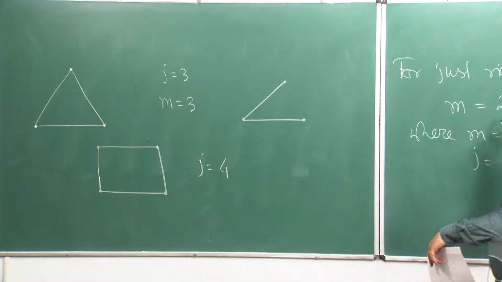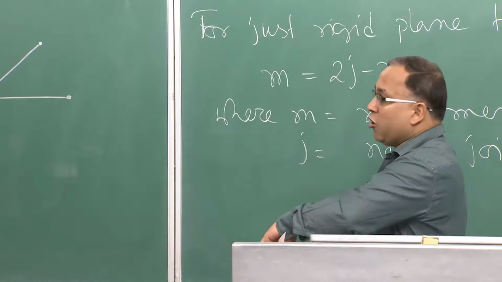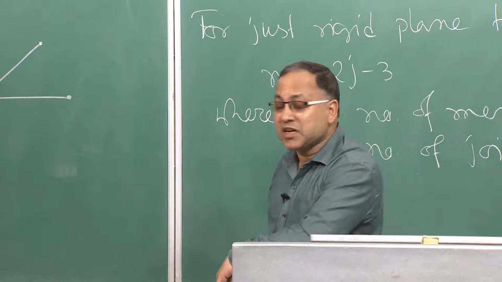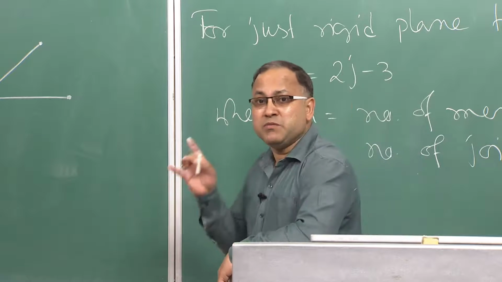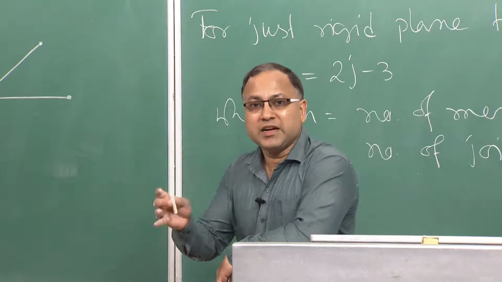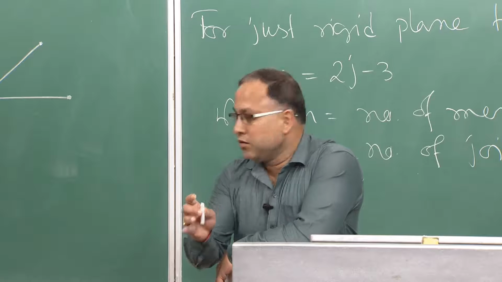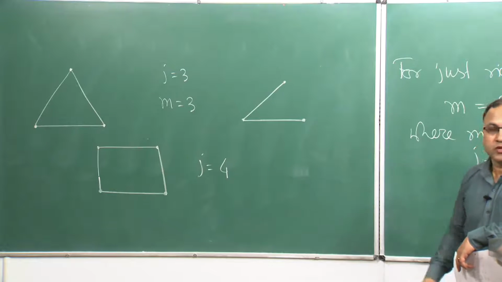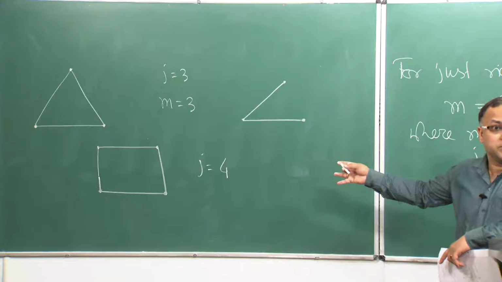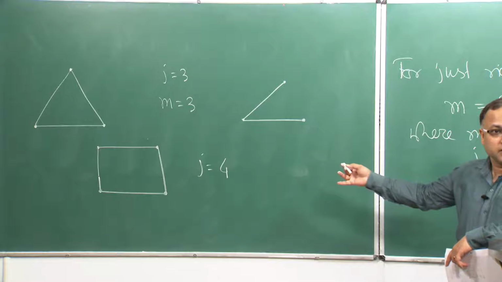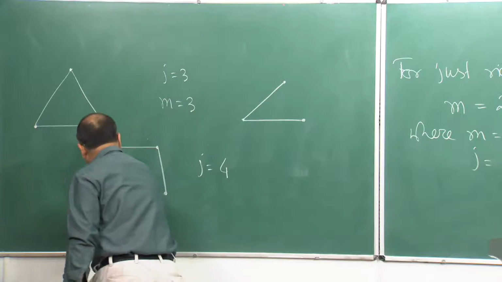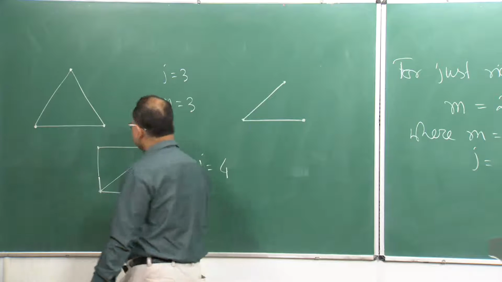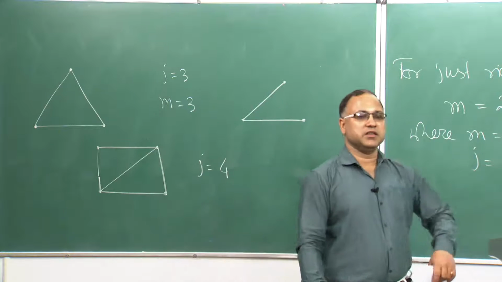So, if you put in this equation, how many members you should get to get the rigid structure? 2 into 4 is 8, minus 3 is 5. So, minimum 5 members you need to get the just rigid structure, but how many members are there? 4. Therefore, it is not the rigid structure, and already we have proved this. So, if you connect one more member, then it will become the just rigid structure.